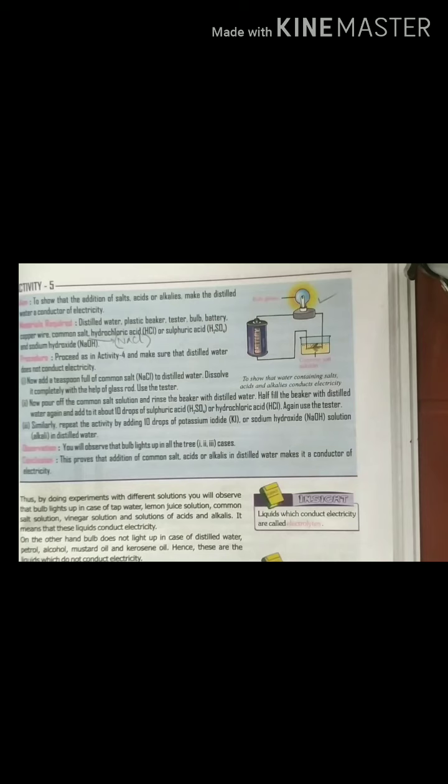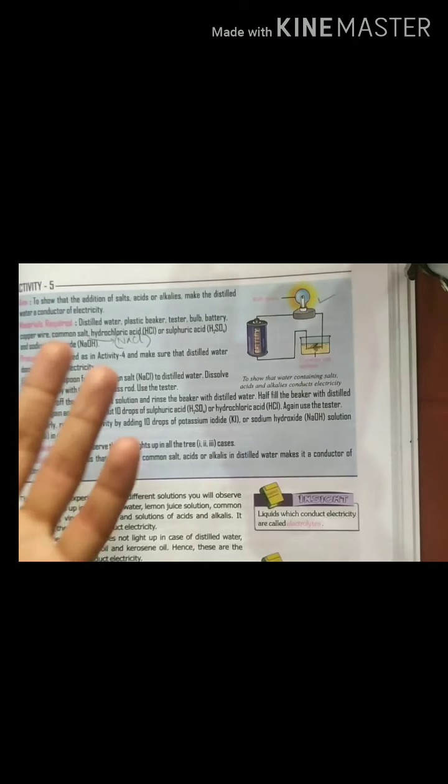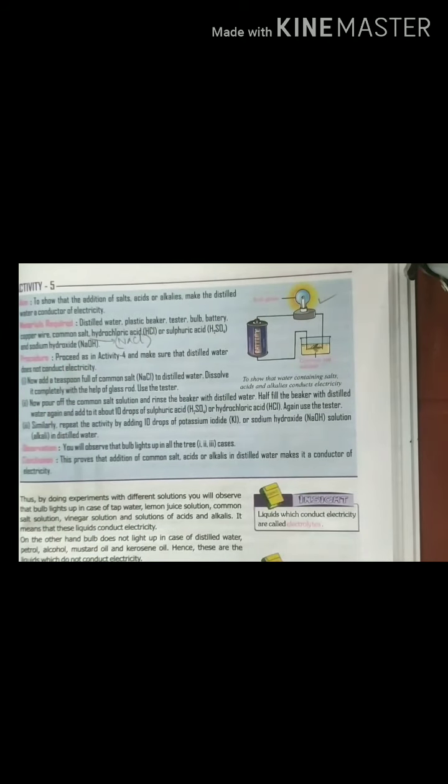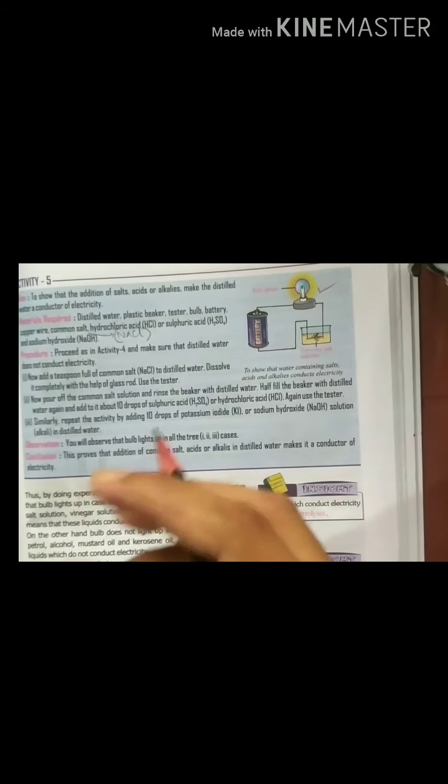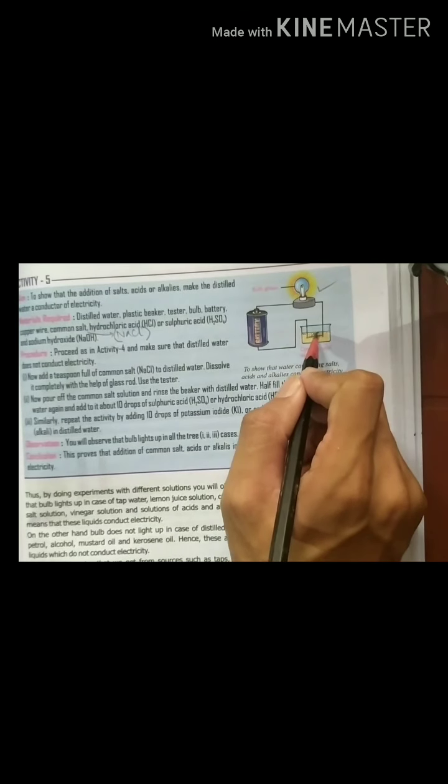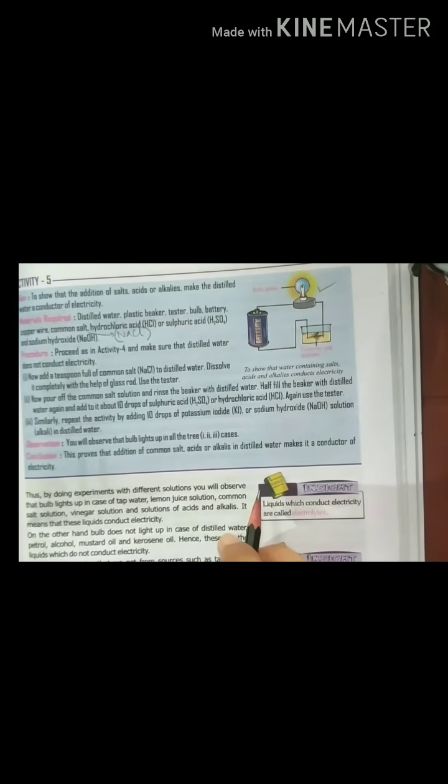Now as soon as you add the minerals, here I am saying minerals like NaCl, sodium, chlorine, all of these are minerals, zinc, iodine, this is just an example, there are many things. As soon as you add these minerals in water, the current begins to flow.